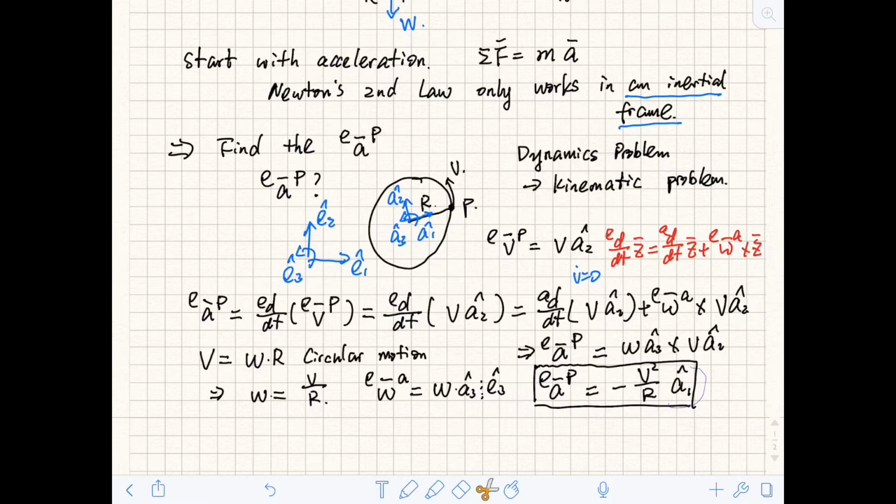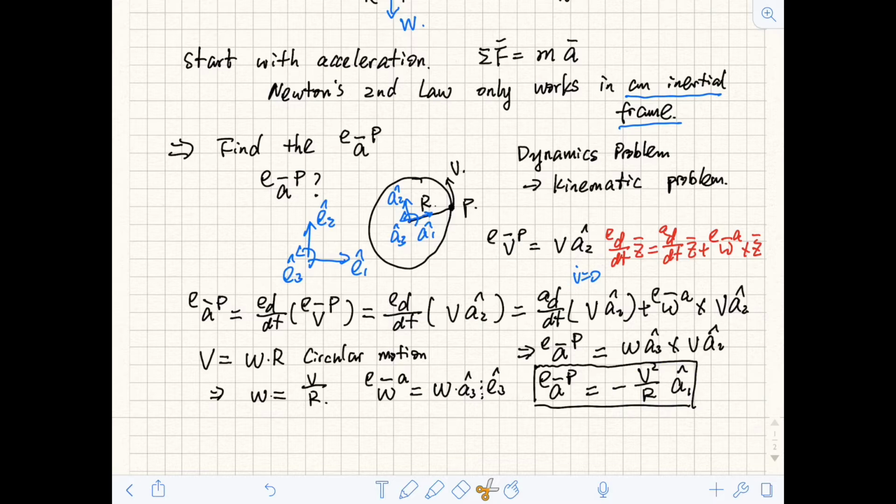Notice that although it is expressed in the A frame, no matter which vector basis we use to express a vector, as long as we're solving the acceleration in the inertial frame, we can express the same vector in different reference frames. So this is okay.